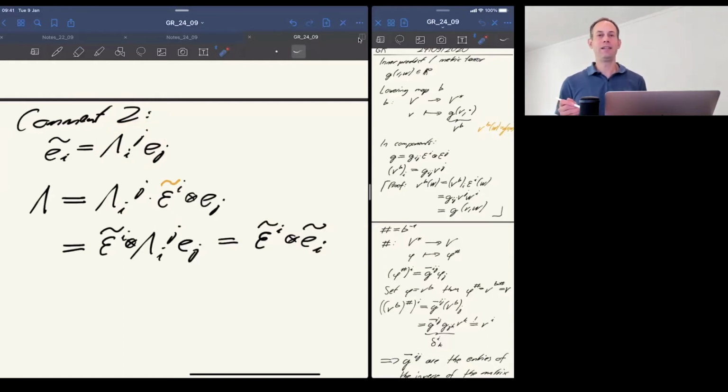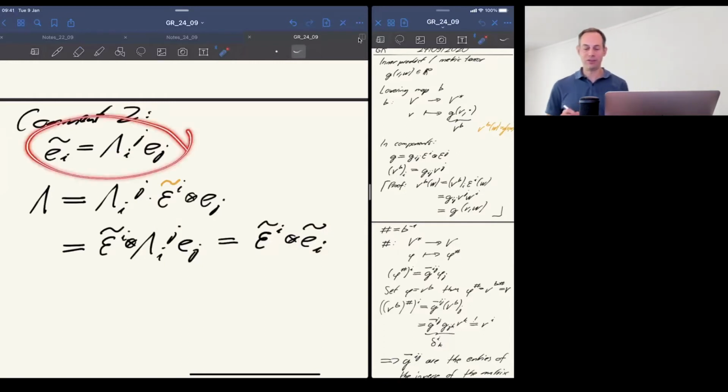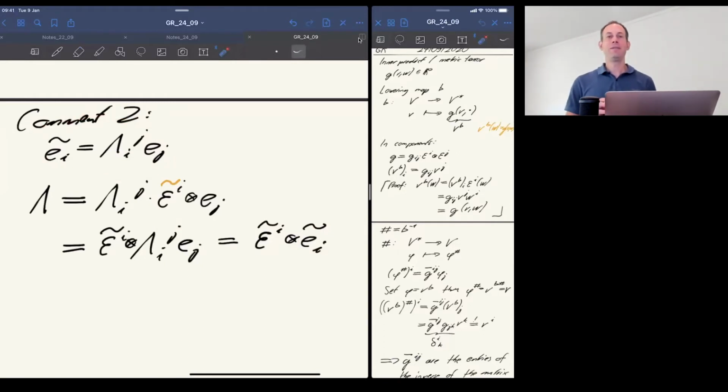But this makes sense because the only thing we do here is to transform into a different basis. In the original space from which we start, we have one basis, and in the final space, or in the same space, the target should be expressed in the tilde basis, and then things look more complicated.